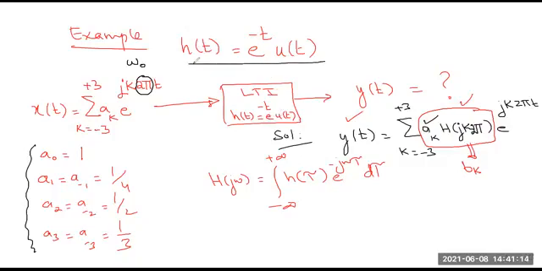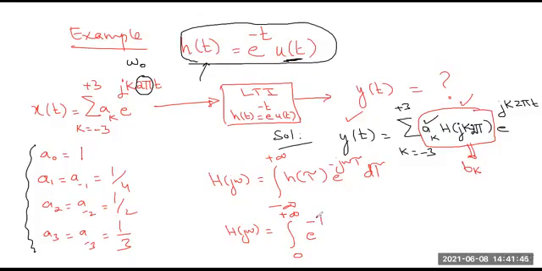Now we are given the impulse response. So I can replace it over here, and because of the nature of the impulse response, because there is a unit step function, this function exists only between 0 to infinity. So this can help us to change the limits. Rather than from minus infinity to plus infinity, the non-zero result will be from 0 to plus infinity. And within this interval, the value of the function is e raised to power minus tau, multiplied by e raised to power minus j omega tau.